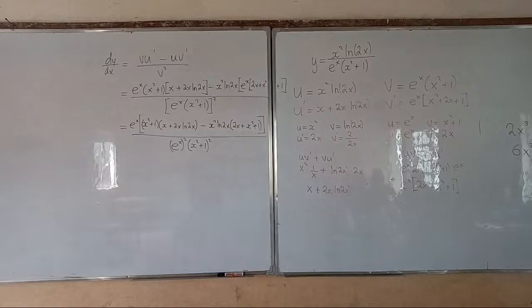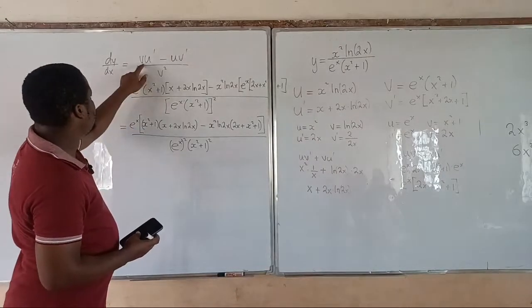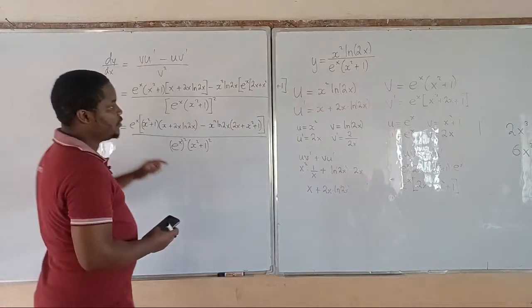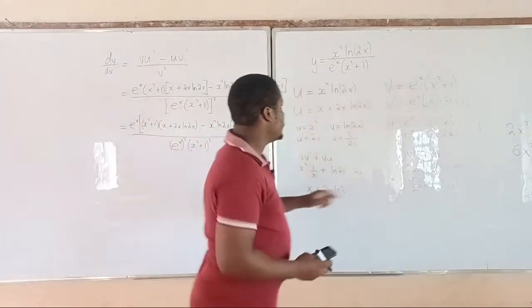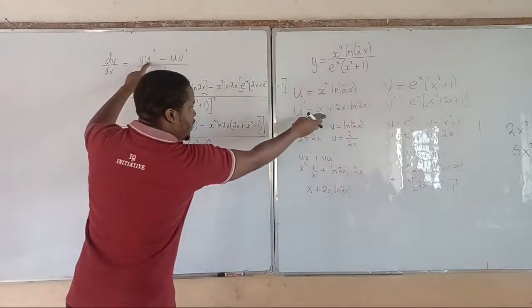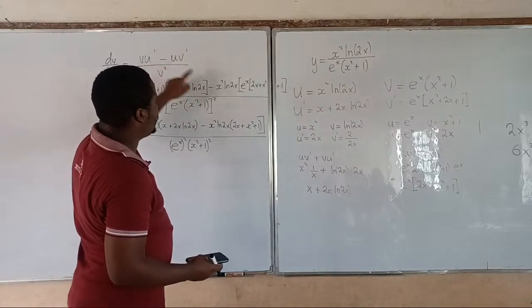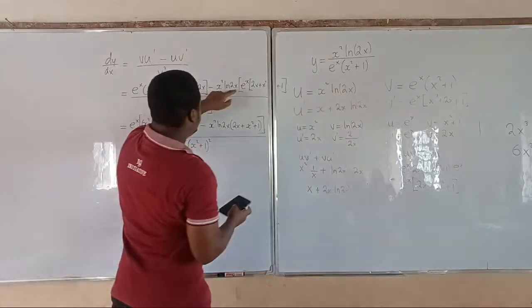Any questions on that one? This side is basically just replacing. So our V, which is this guy, is this one here. We have our U prime, which is the whole bracket. Our U is this one here.